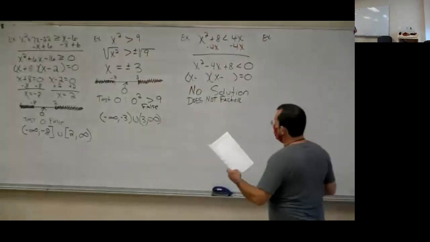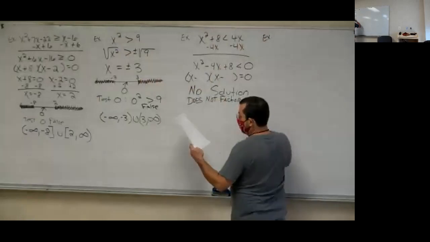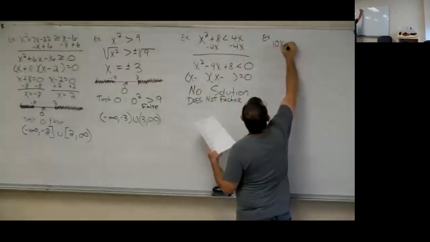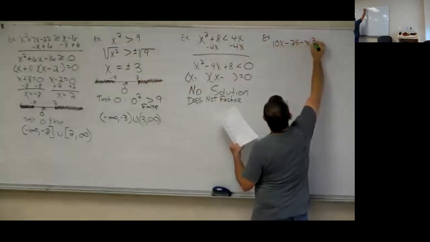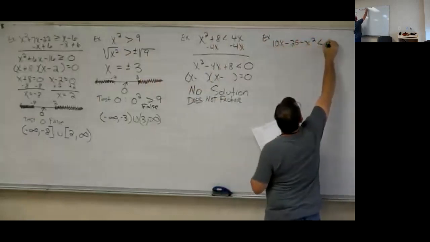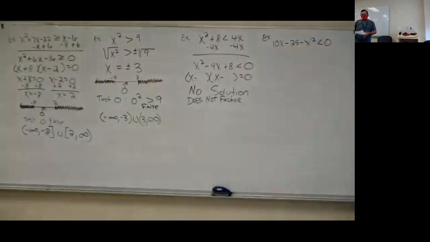Okay, so here's one I wanted y'all to see. One of these was the one answer. 10x minus 25 minus x squared is less than 0. So I'm definitely going to put these in the right order. I'm going to put the x squared first.